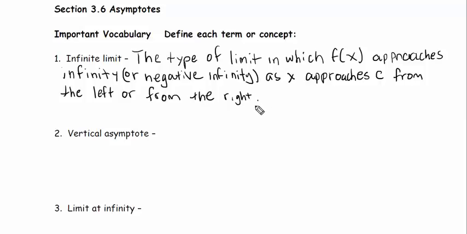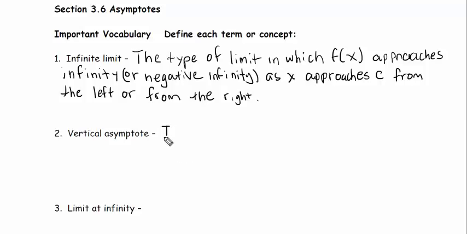So the type of limit in which f of x approaches infinity or negative infinity as x approaches c from the left or from the right. We'll go into more detail in a second, but let's define vertical asymptote first.